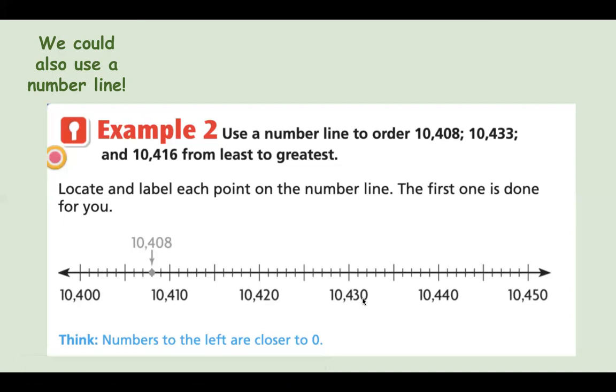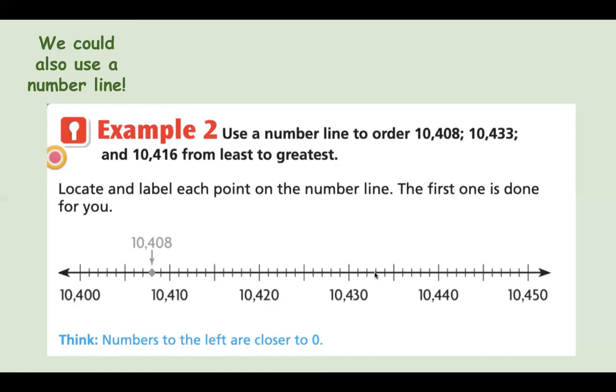I want 10,433. So should I jump all the way to the halfway mark? No, right? Because that'd be 10,435. That's too big. I want 33. So we could go back to 2, and that would be the spot. Or you could start here and count 3. 10,430, 31, 32, 33. So the next place would go right there.